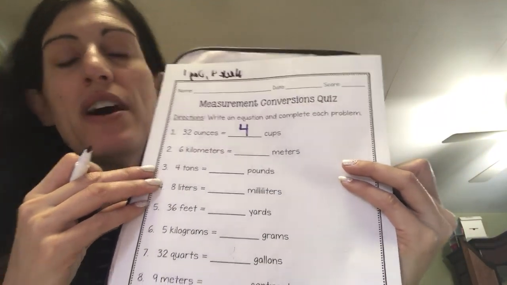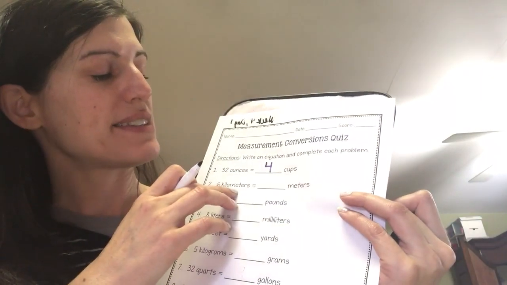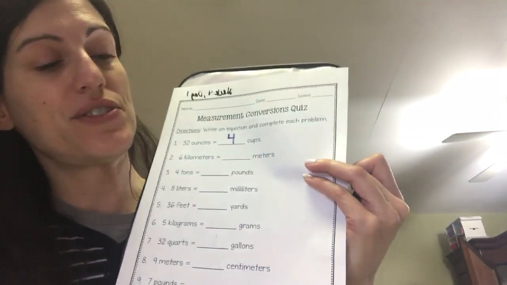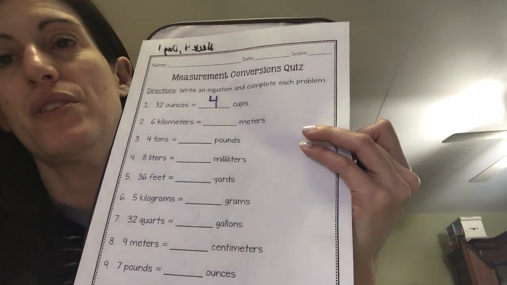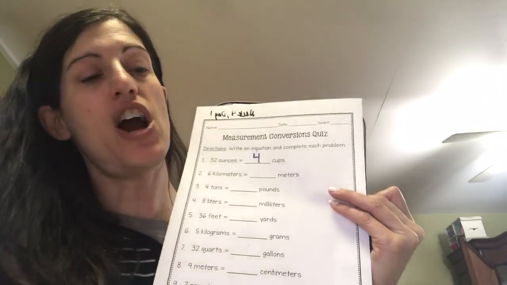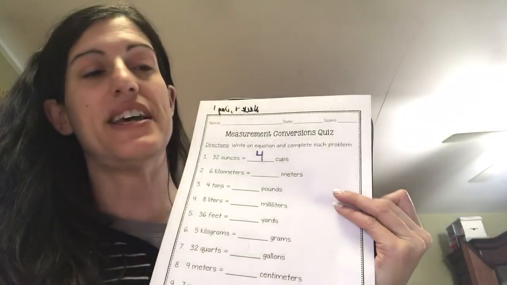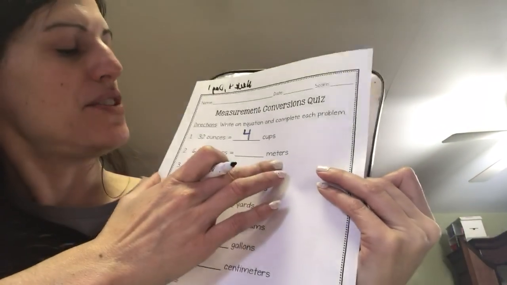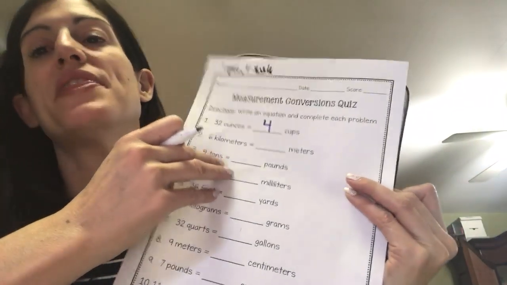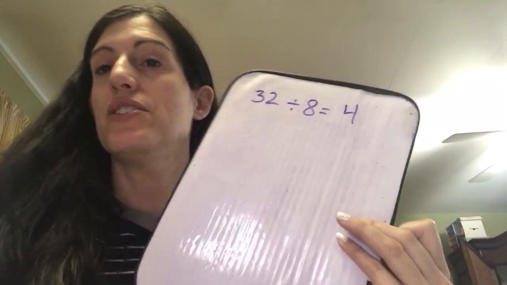Okay. The next one, we have 6 kilometers. How many meters? Well, this one is a lot like our chart that we just did. To get from kilometers to meters, it's multiplying by 1,000.